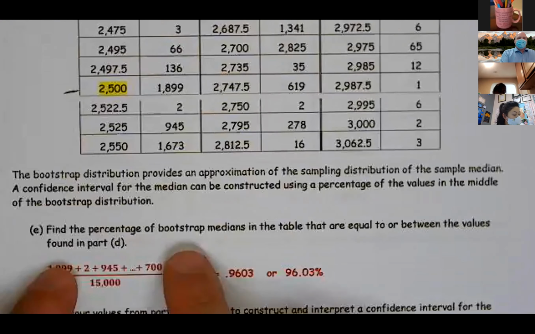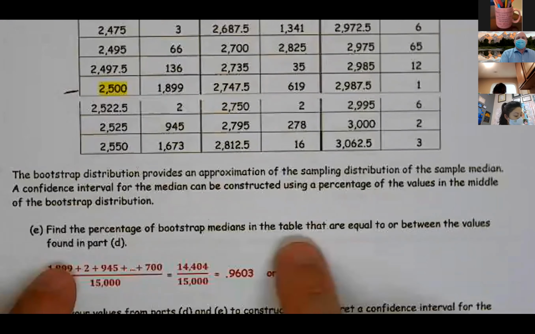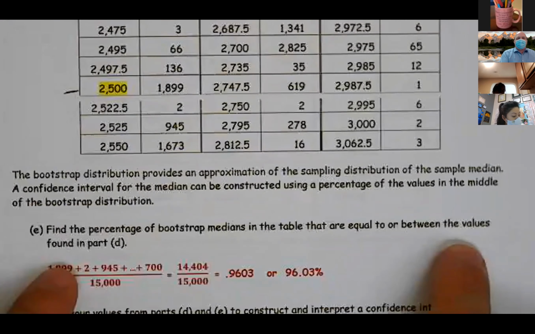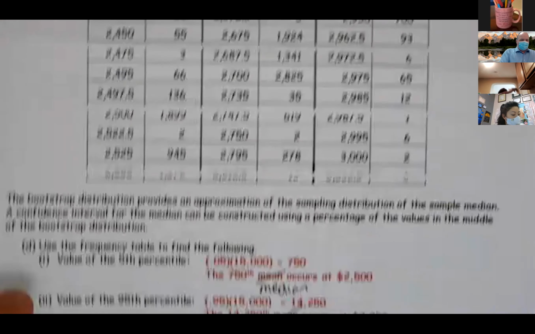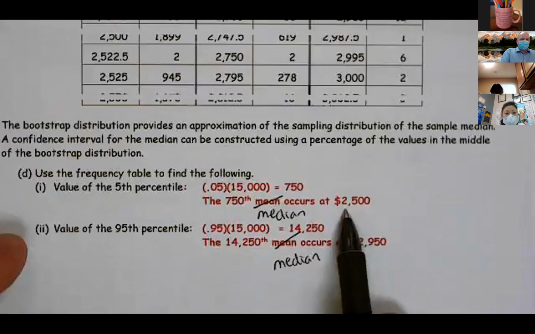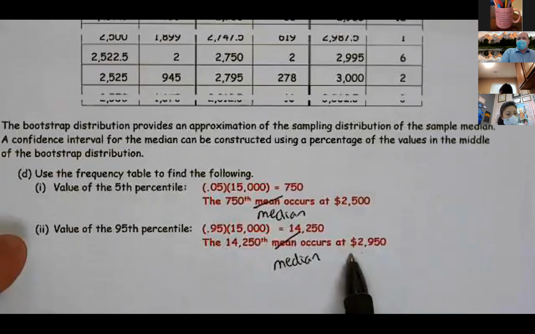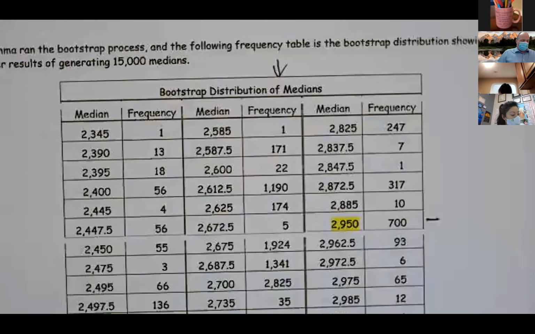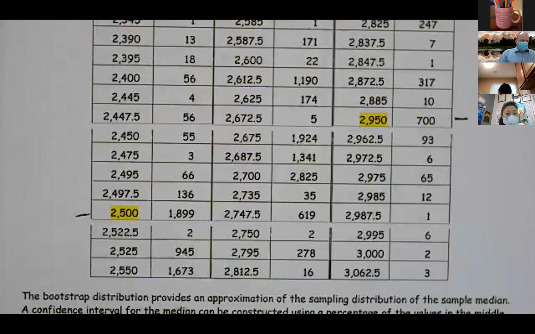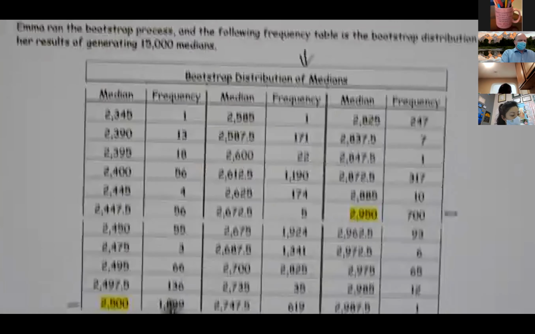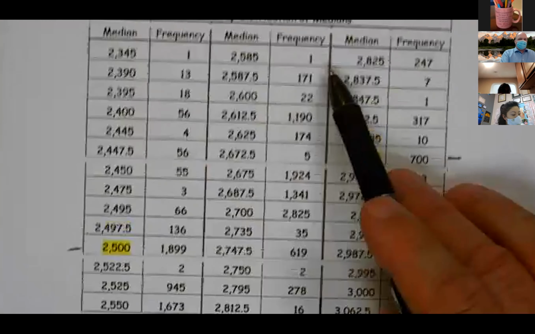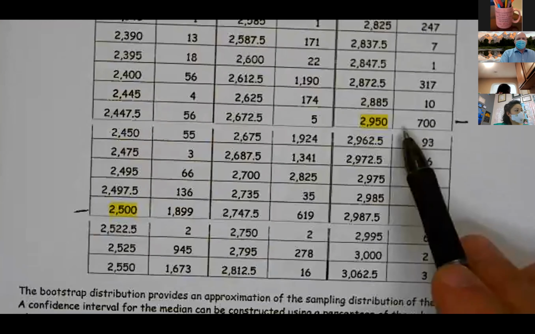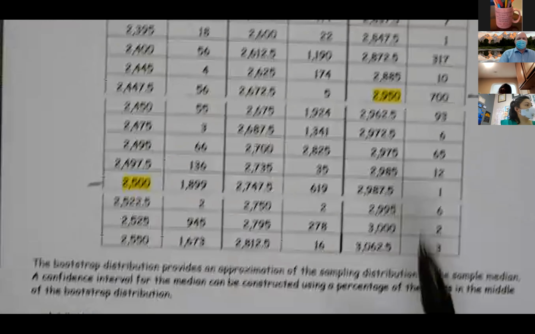Part E: find the percentage of bootstrap medians in the table that are equal to or between the values found in part D. And they're like, wait a second, they just want me to find how many times it occurred between 2,500 and 2,950? And the answer is yes. That's all they want me to do. So I add up all those values, starting at 1,899 plus 2 plus 945 plus 1,673 plus 1 plus 171, all the way up to 2,950.